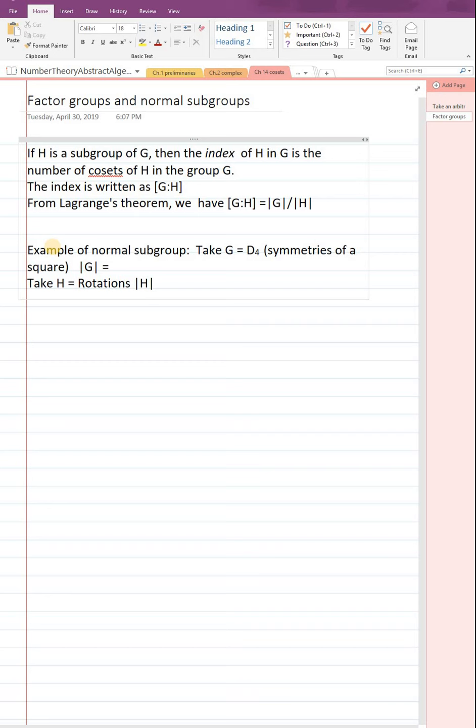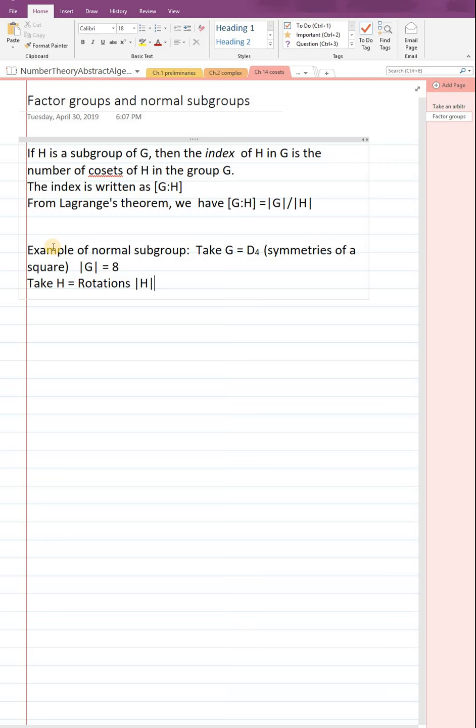You can rotate it, or you can flip it. How many flips are there? I can flip it across here, like that. I can flip it across this diagonal, and I can flip it across the other diagonal, and I can flip it here. So there are 4 flips. So the dihedral group D4 has 8 elements.